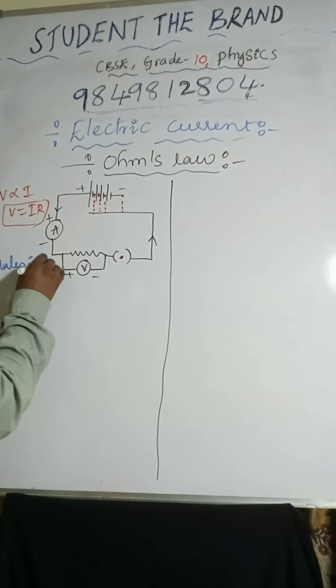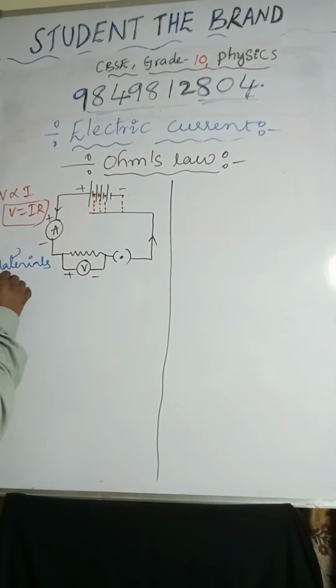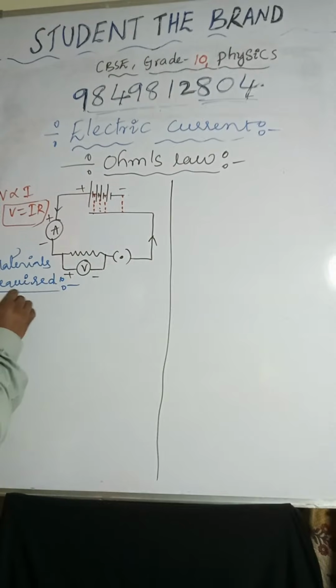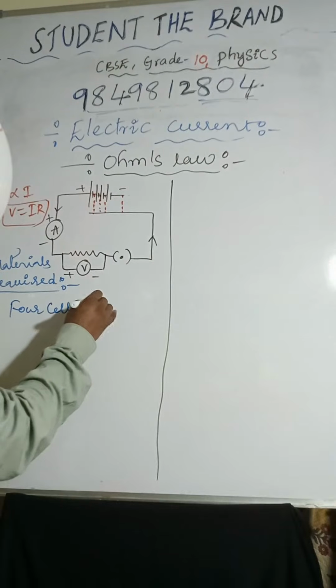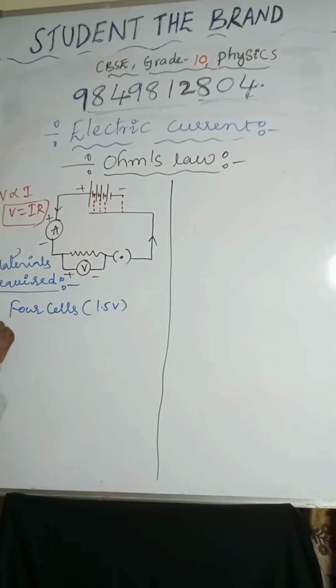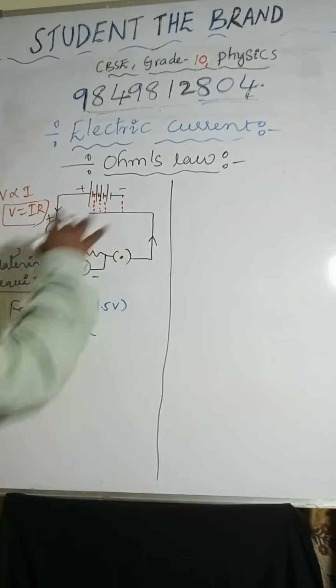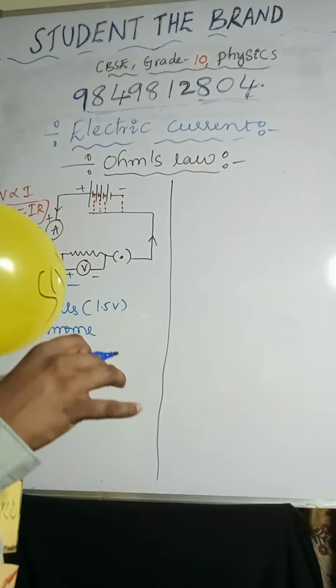Materials required. Point number one, 4 cells of 1.5 volts each. Second one, nichrome, an alloy of nickel, chromium, manganese and iron metals.